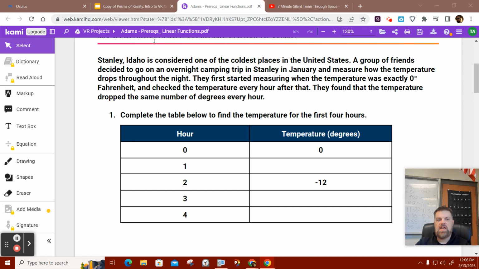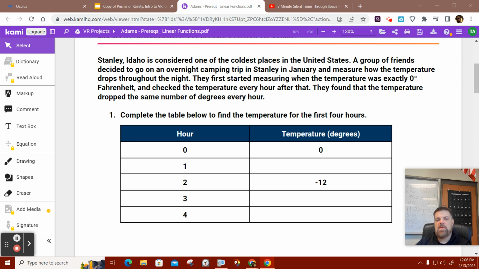Let's read this. It says, Stanley, Idaho is considered one of the coldest places in the United States. A group of friends decided to go on an overnight camping trip in Stanley in January and measure how the temperature drops throughout the night.